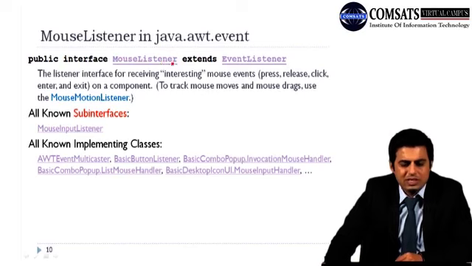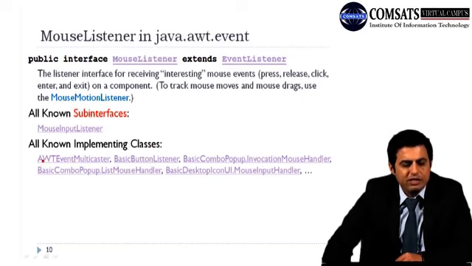So all known sub interfaces are in the mouse input listener. Now this is the mouse listener, and there is a mouse input listener which is the sub interface of it, and there are other interfaces included in it as well. All known implementing classes. Now if you look at these, these are the implementing classes which actually implement this mouse listener.